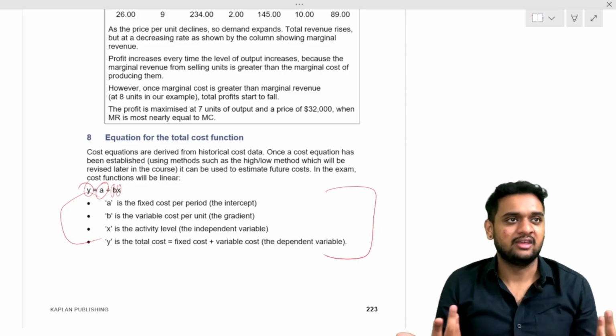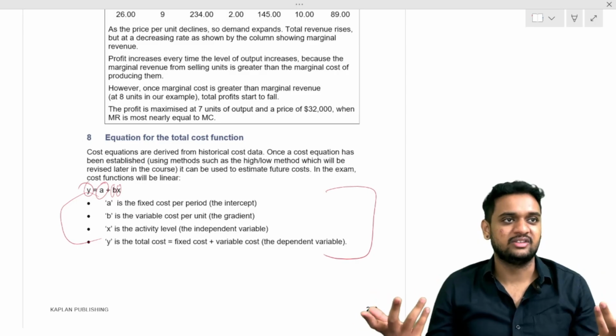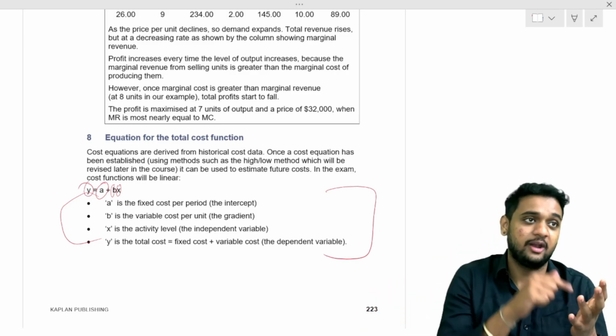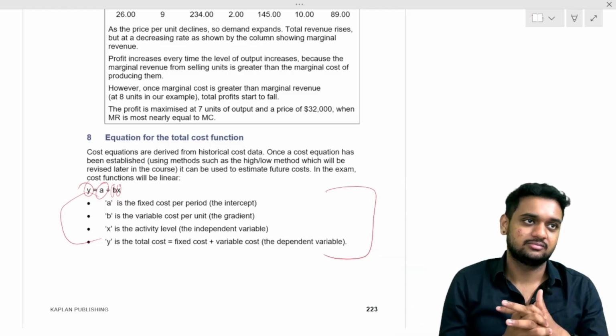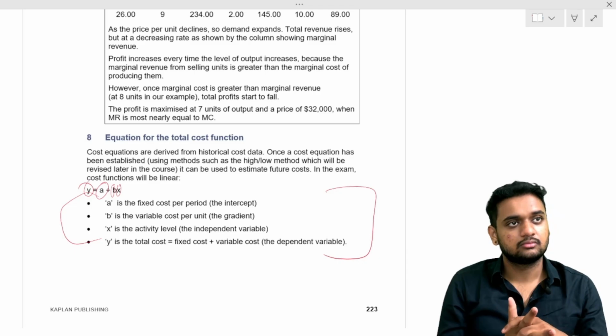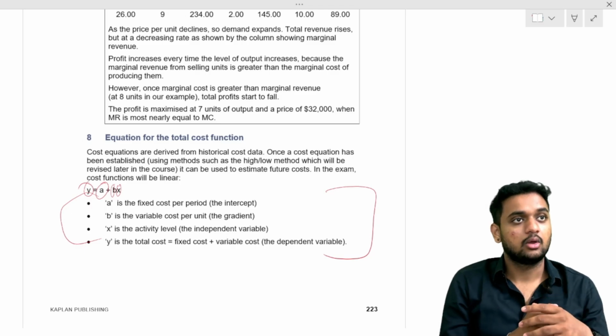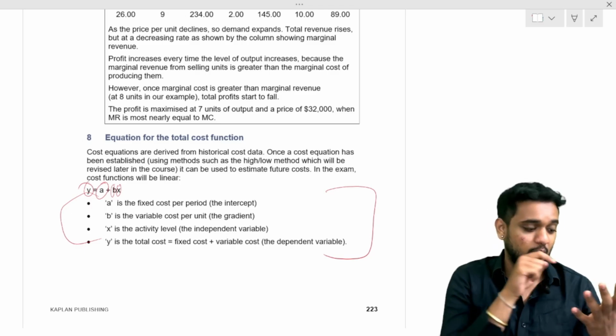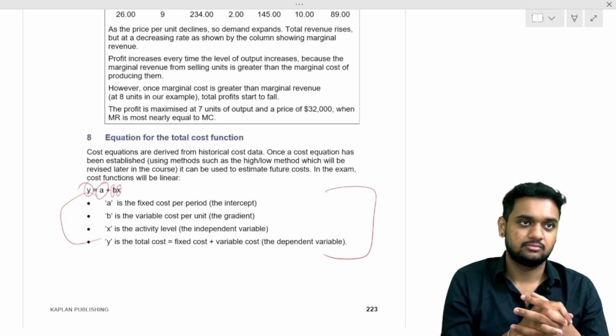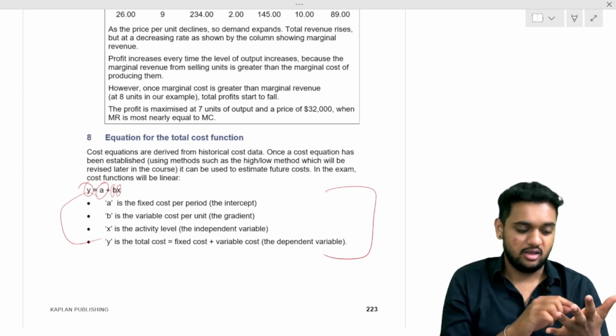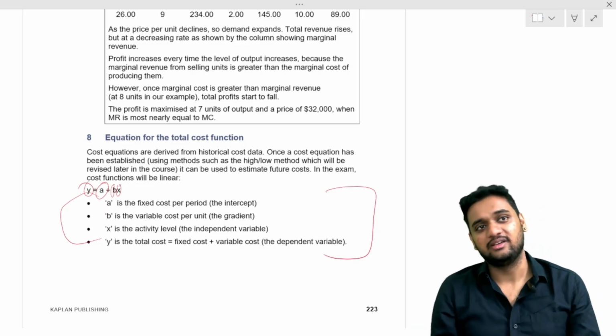It's not dependent on anything. Randomly how many customers buy, we don't know, it's independent. Whereas the total cost is dependent on number of units. So as an equation, X is the independent variable, and Y is the dependent variable because Y is dependent on X. How much Y should be is dependent on X only. Understood?